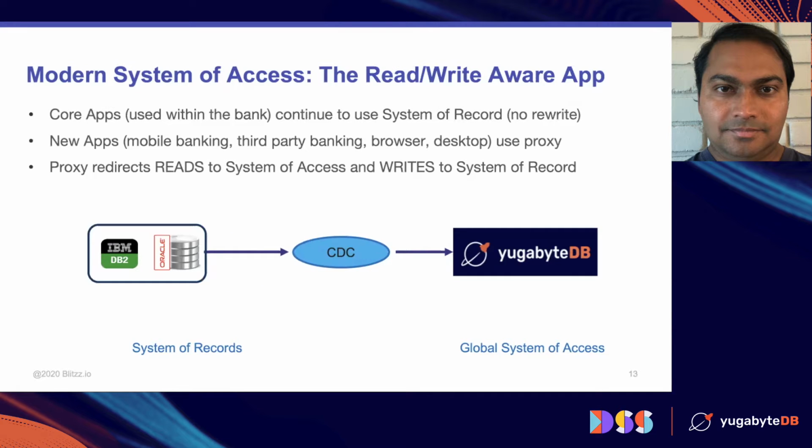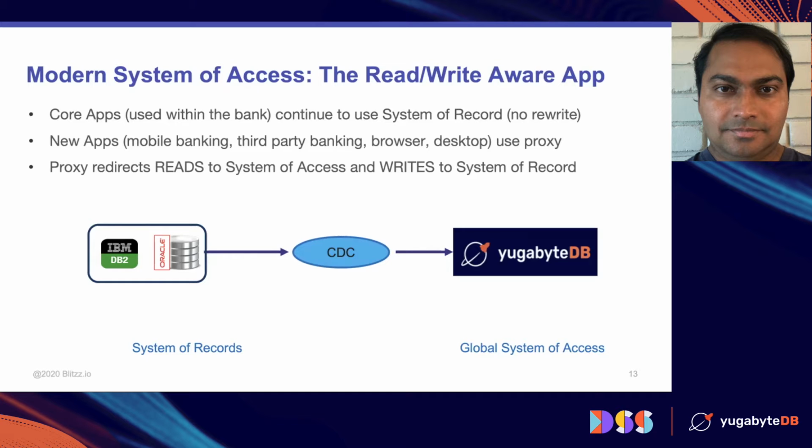A modern system of access would entail a bit of app rework. If you already have an app that's in vogue, there are opportunities to do some rewrites here. In this case, because it's a banking application, core apps within the bank, which are not the most high volume apps, would continue to use the existing system of record for reads, writes, everything.